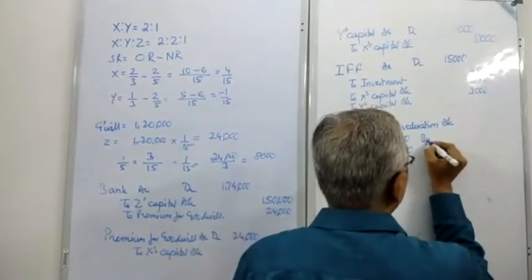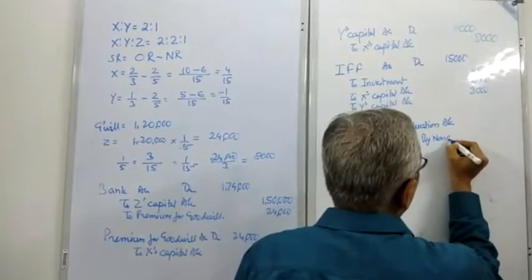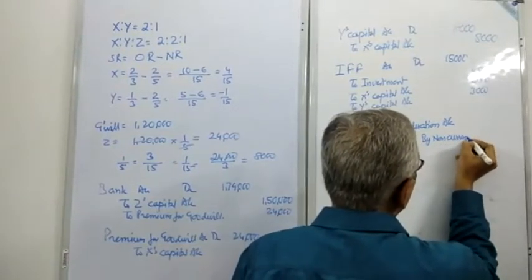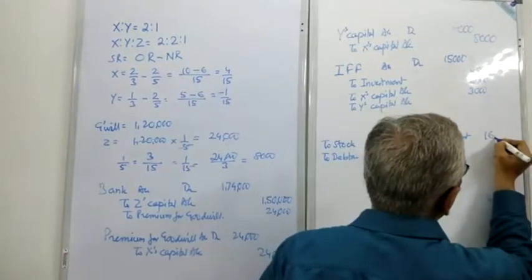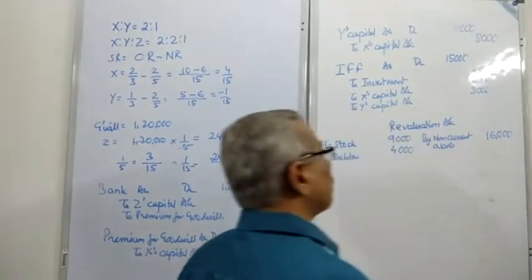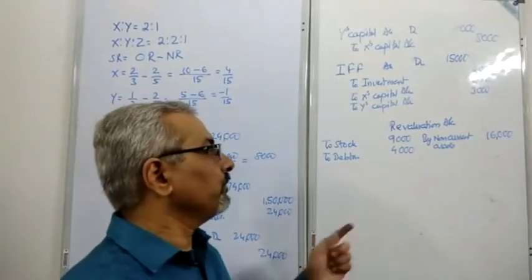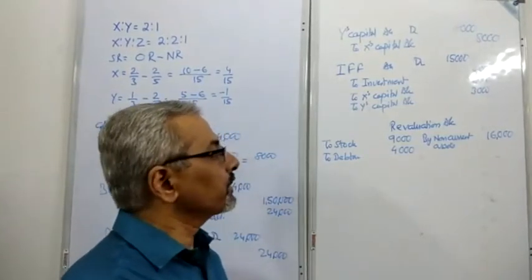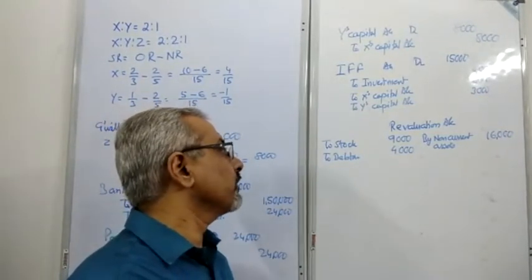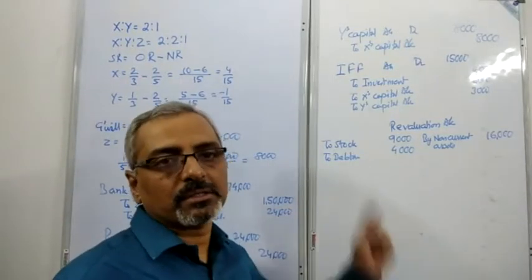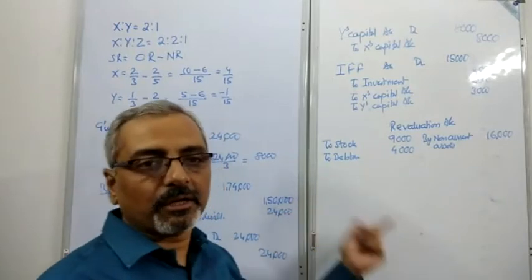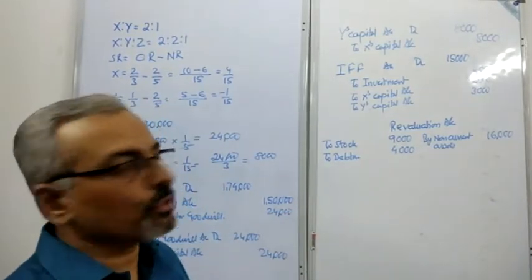Therefore, we'll go to the credit side by non-current assets, and the value is increasing by 16,000. So we have written it in the credit side. Now see very carefully now. In the credit side we have 16,000, in debit side we have 9,000 plus 4,000, that gives us 13,000. That means the credit side is heavier than the debit side. Therefore, there is a profit on revaluation of 3,000.